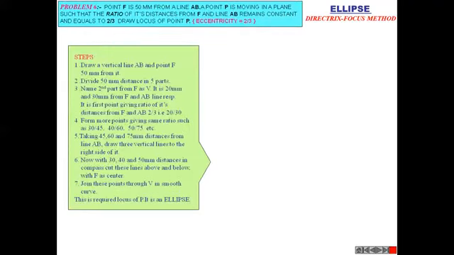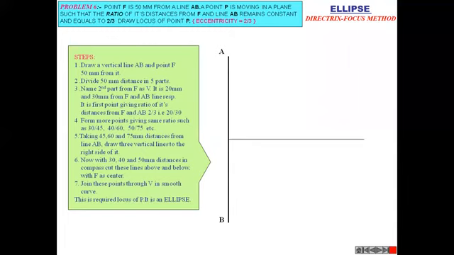Next is the ellipse directrix-focus method. First draw the directrix of suitable length and find its midpoint. The point F is 50 mm from the line AB, and the point P moves in the plane such that the ratio of its distance from F and from the line AB remains constant, equal to 2 by 3.